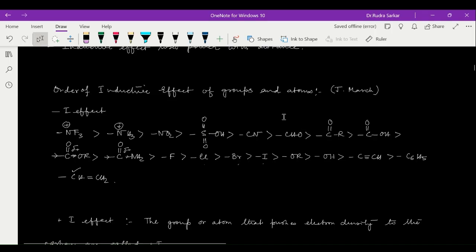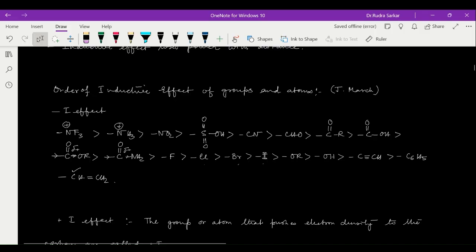Now you might say, sir, how do I make an understanding of this if I just get these things randomly? So among the two positives, you can see the NF3 is greater than NH3 because F is more electron withdrawing than H. Among the halogens, fluorine will be more electronegative than chlorine, then bromine, then iodine.